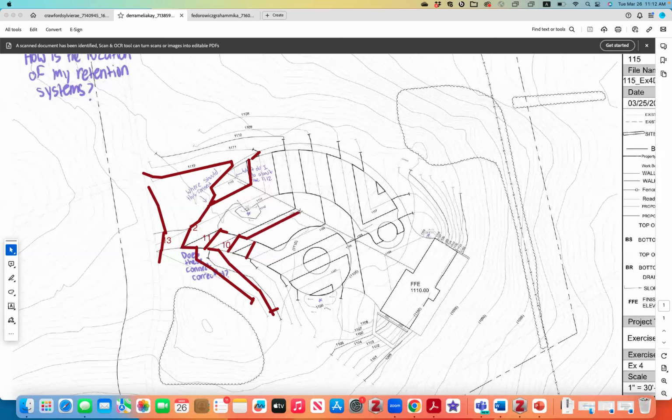And it needs to be in the middle here. And then 11 comes down to here. Nope. Your 11 was not connected correctly before, so we'll have to look at this again.